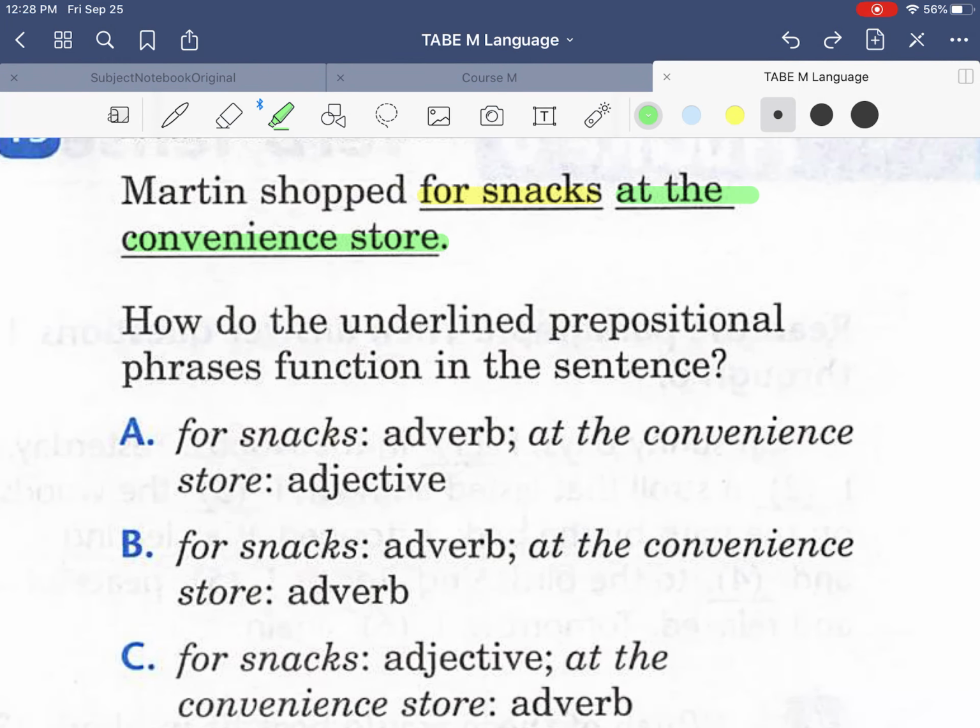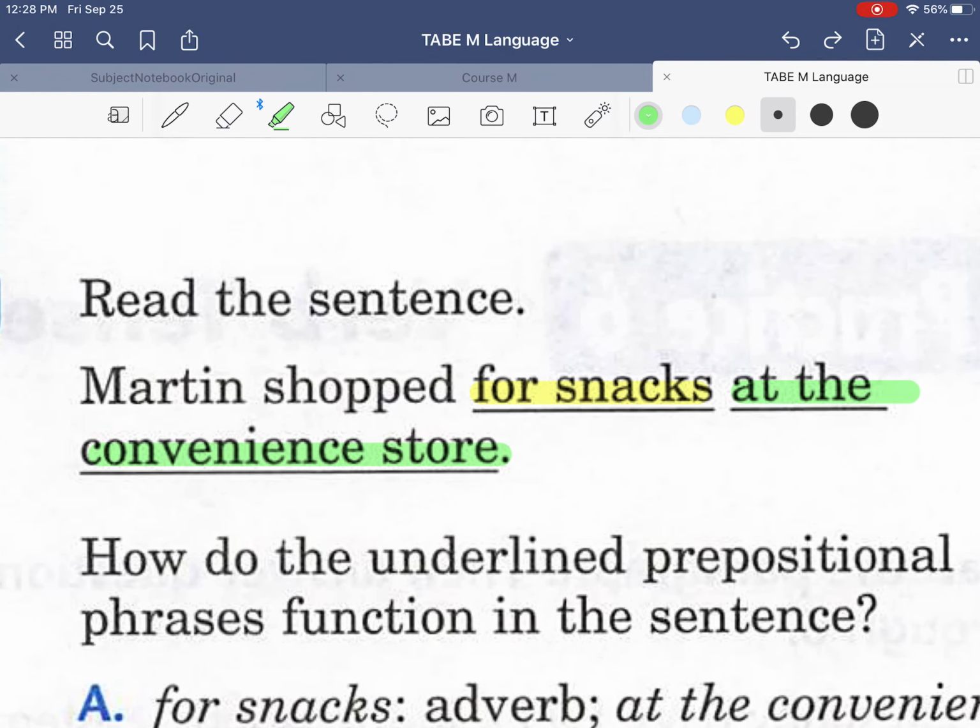How do the underlined prepositional phrases function in the sentence? Well, let's think about it just a minute. For snacks tells me why he shopped. Martin shopped for snacks. That's why he shopped. At the convenience store tells me where he shopped.